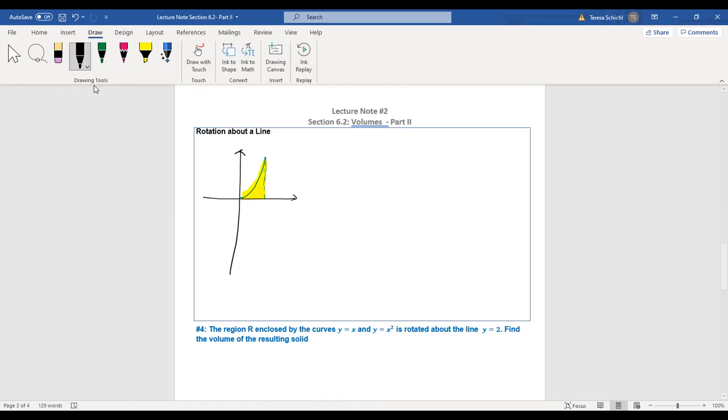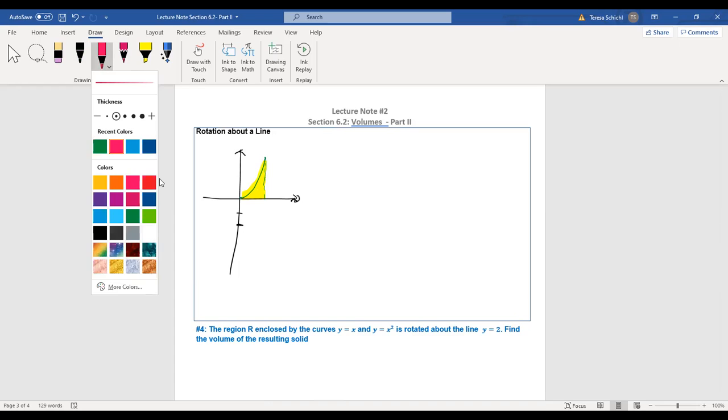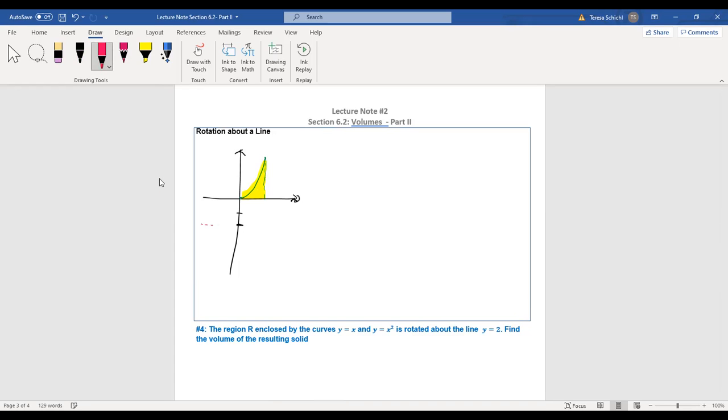But instead of rotating about the x-axis, I'm rotating about y equals -2. So I am basically shifting my x-axis to this new line, y equals -2, and I'm going to rotate around it.